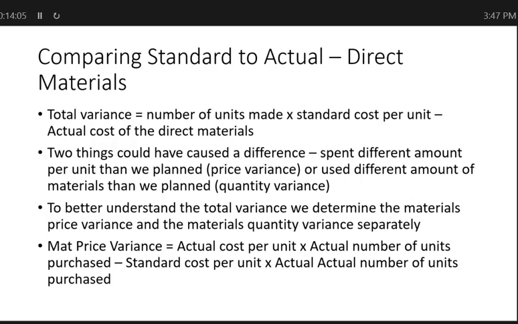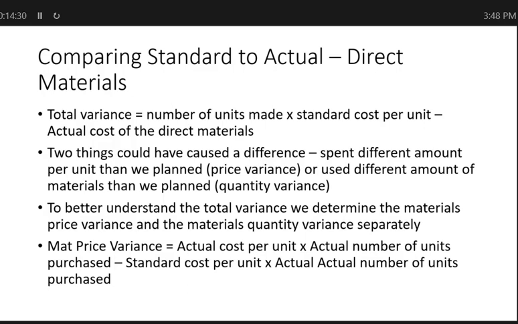So we want to break that into two different variances. We want to look at the price variance separate from the quantity variance because they give us different pieces of information in terms of what we might do differently next month, in terms of our planning and our actual execution.